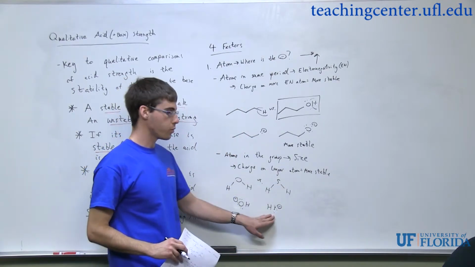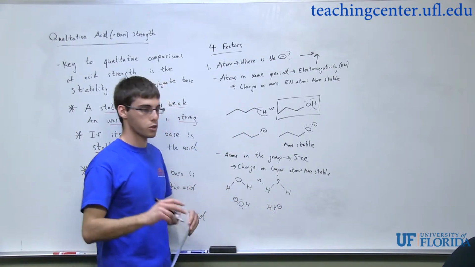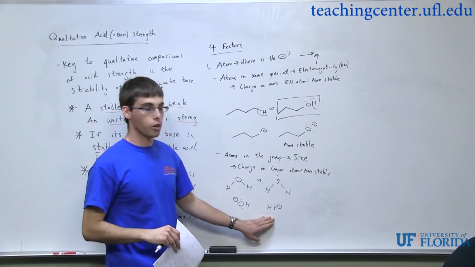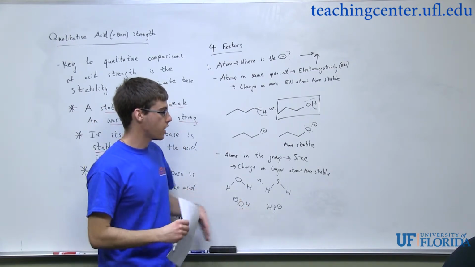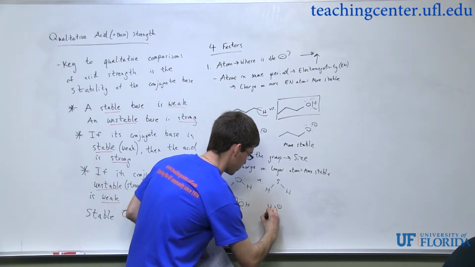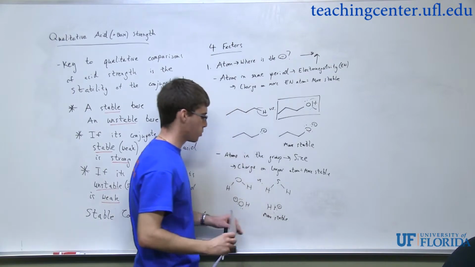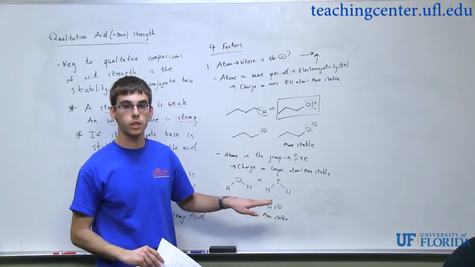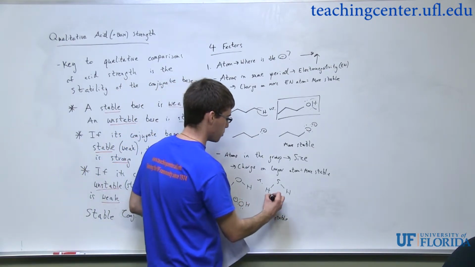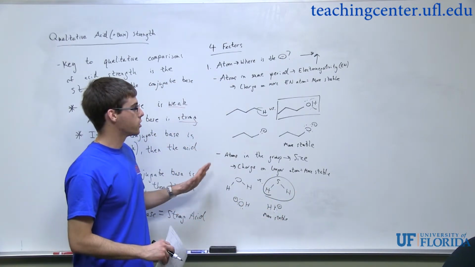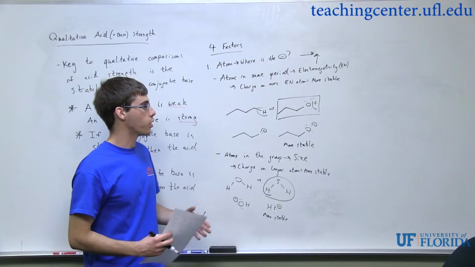Well, sulfur is going to be lower on the periodic table, because remember, size increases down the group. Sulfur is larger. It can stabilize that negative charge better. So this is the more stable conjugate base. It is the weaker conjugate base, which means that this is the stronger acid. All right? So that's kind of the game that we play as we go through all these patterns.